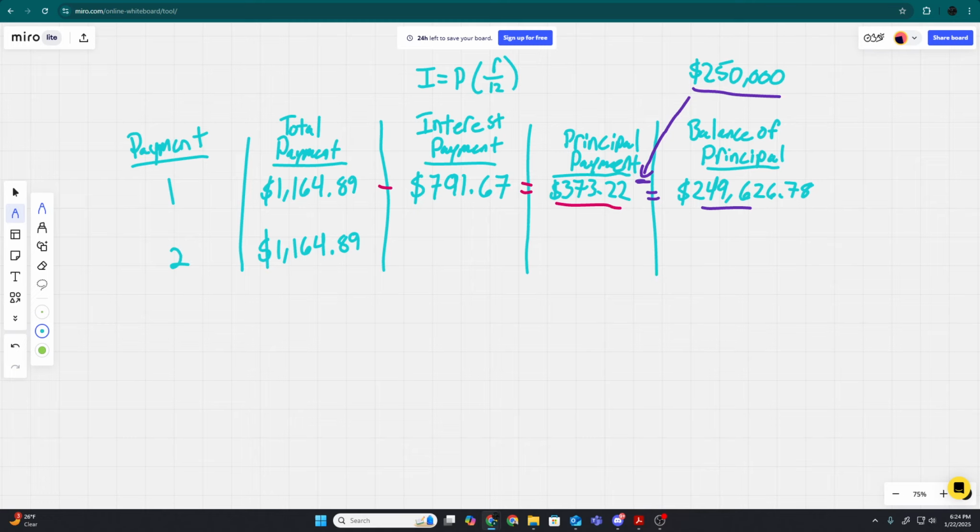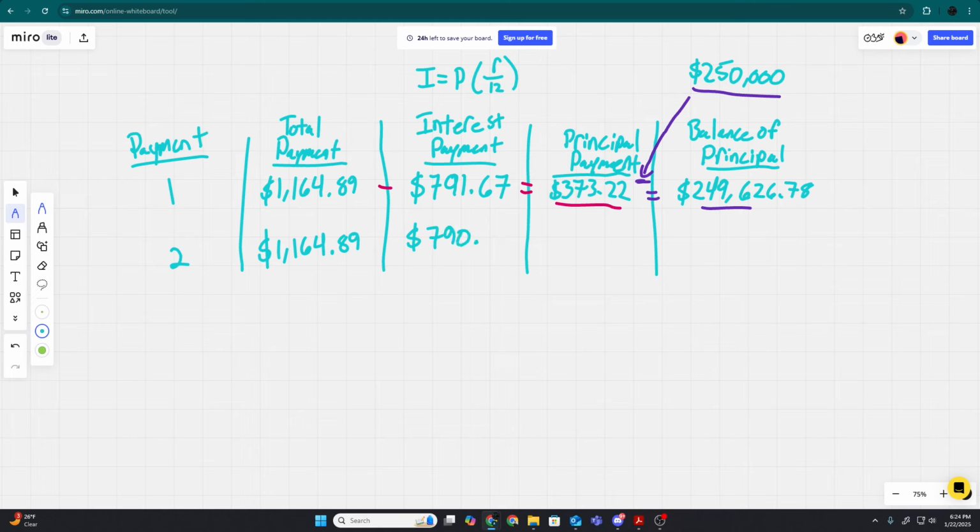So this is how the interest is calculated, okay? So in this box here, for the interest payment for payment 2, we're taking the new balance of $249,626.78 times our interest rate of 0.038 divided by 12. And so what's going to happen is our interest payment is going to go down slightly.